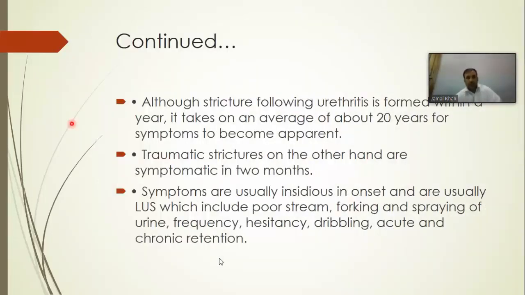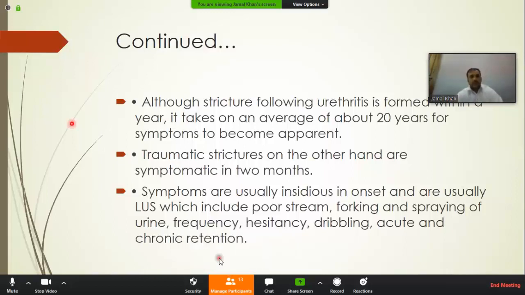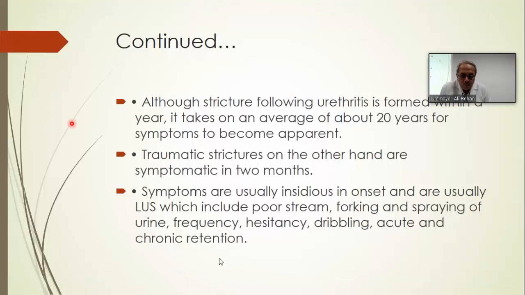Although a stricture following urethritis is formed within a year, it takes years for symptoms to become apparent. Traumatic strictures, on the other hand, are symptomatic within 2 months.